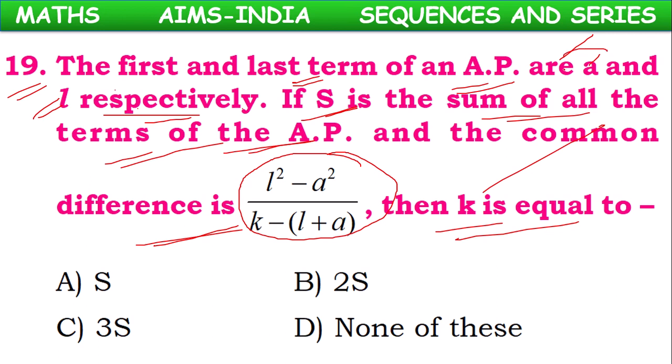The first term of the AP is a, the last term is l, the sum of terms is S, and the common difference d value is (l square minus a square) by (k minus l plus a). Then we have to find the value of k.